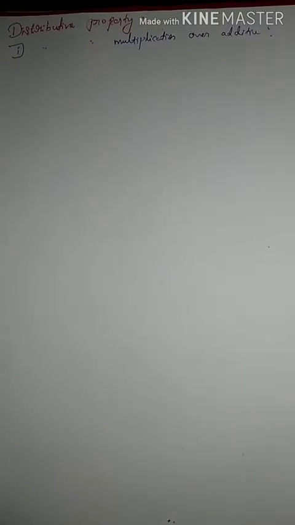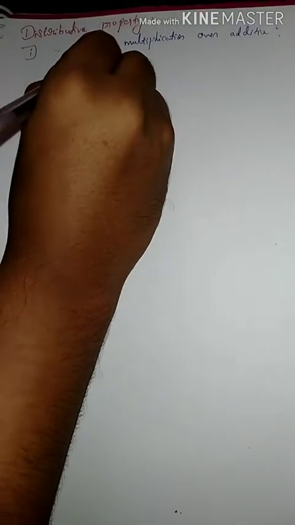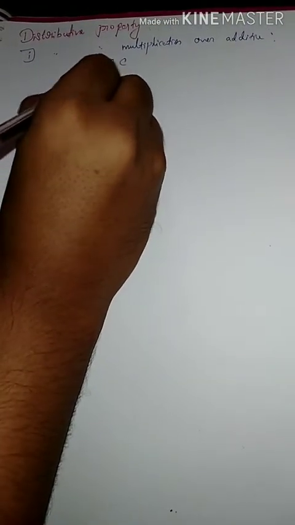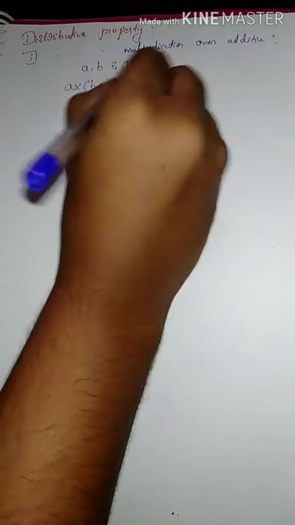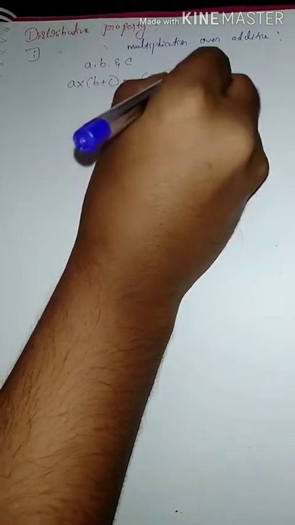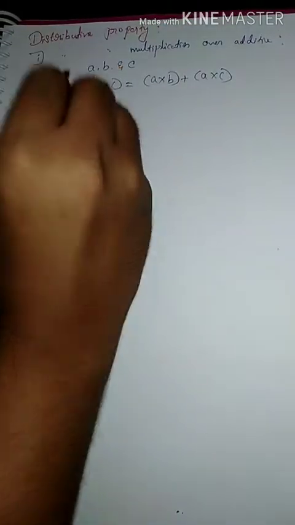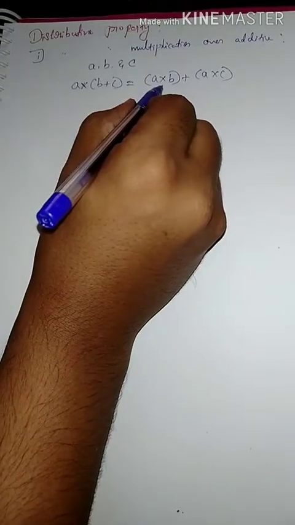The distributive property of multiplication over addition states that for any three rational numbers A, B and C, we have A into B plus C is equal to A into B plus A into C. So here LHS is equal to RHS.